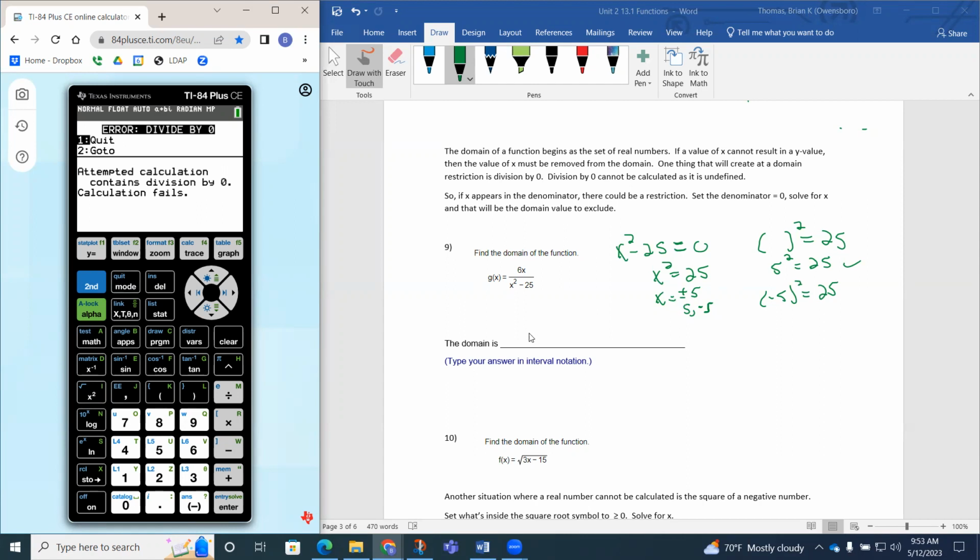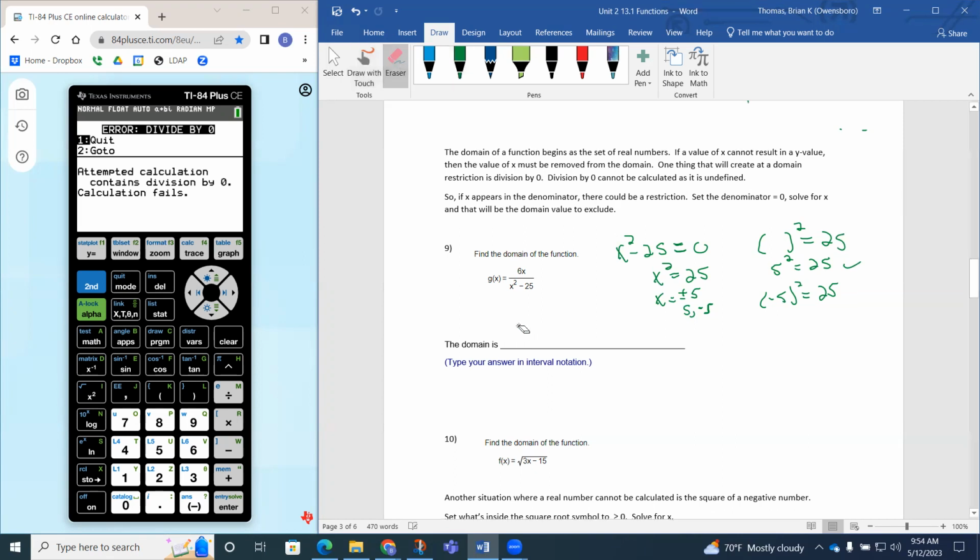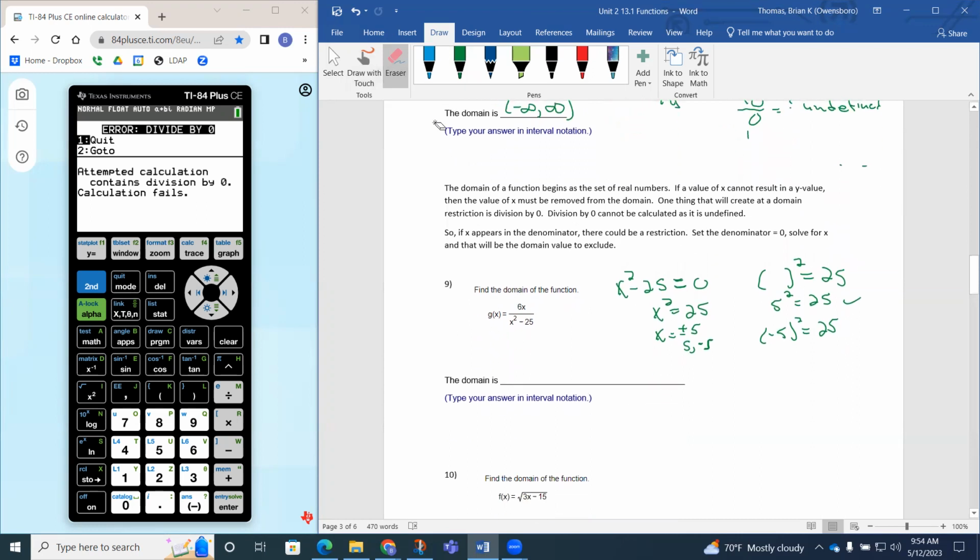So our domain is going to be the set of x's. Oops, they're going to talk about interval notation, not inequalities. So let me try that again. It may be easier to see this using a number line.